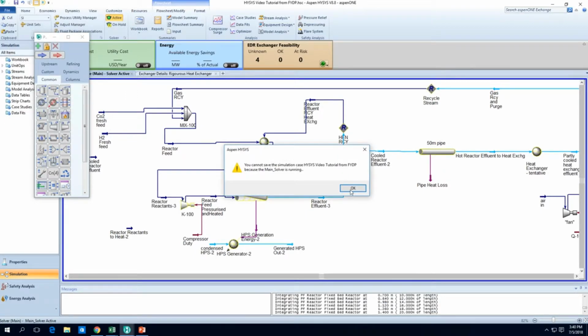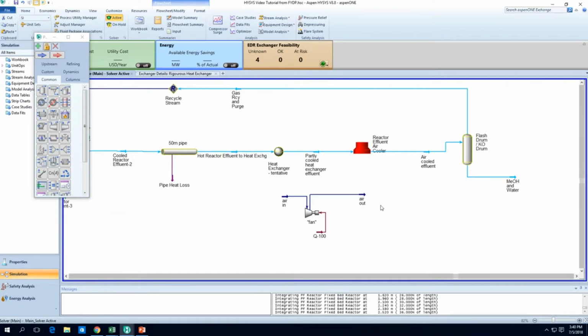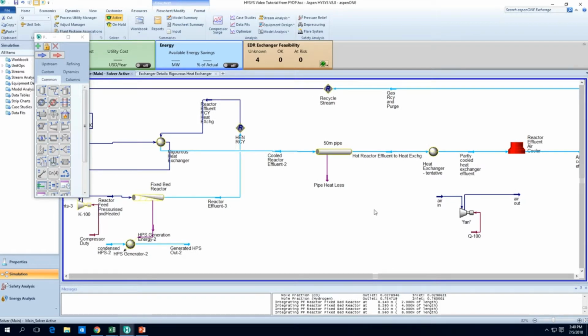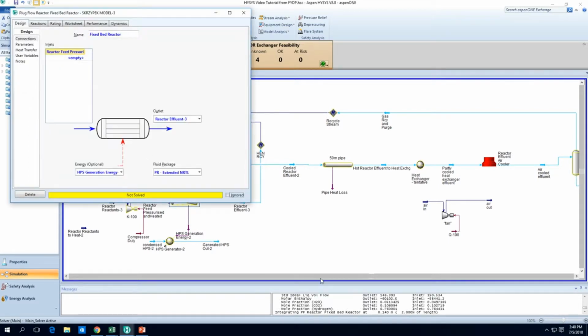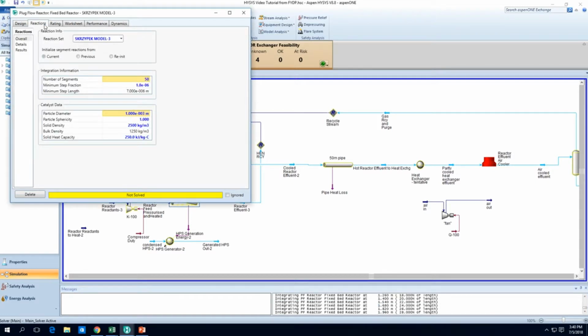Now, you can see that HYSYS is going to run and iterate this reactor system with recycle very slowly, because we've put it at 50 step sizes in this fixed bed reactor, and the more step sizes you put, the more calculations HYSYS will need to carry out. If you want to reduce that, we can reduce the number of step sizes.